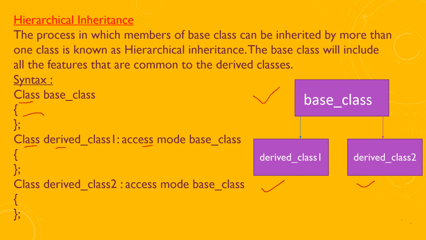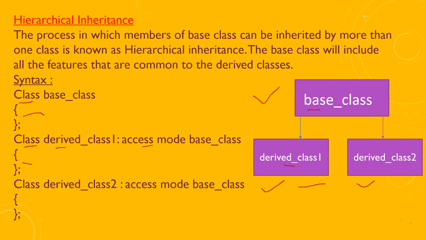According to this diagram, derived class 1 wants to inherit the properties of the base class. So we will write the access mode and then the base class, and in the same way whatever members we want to keep inside the class we will keep inside. First of all we will open the curly braces, and then we will put all our statements, the members, the definitions of our member functions, and then we'll close it with a semicolon.